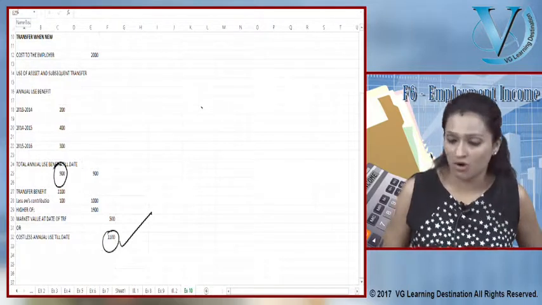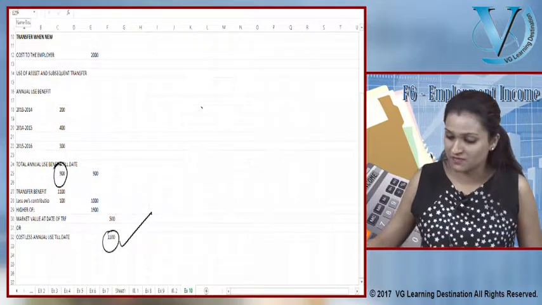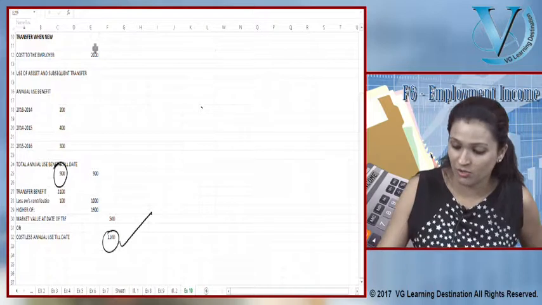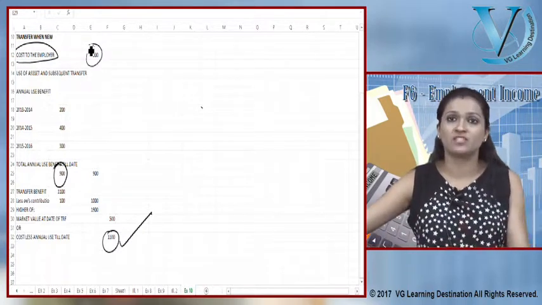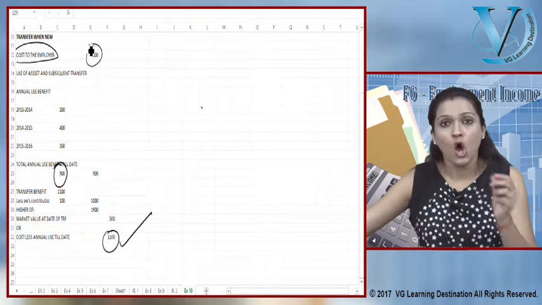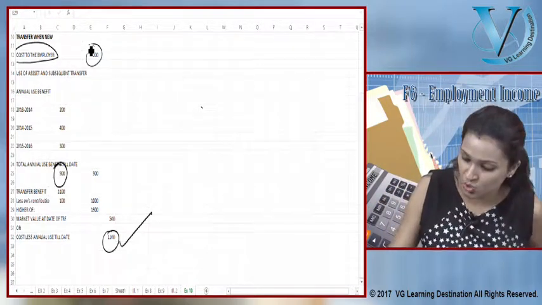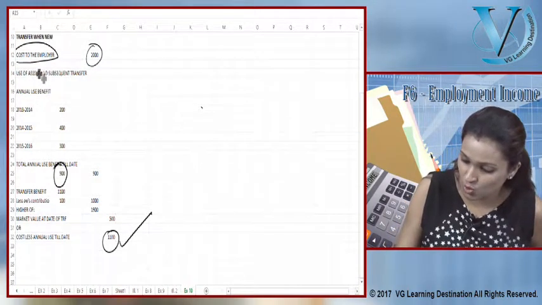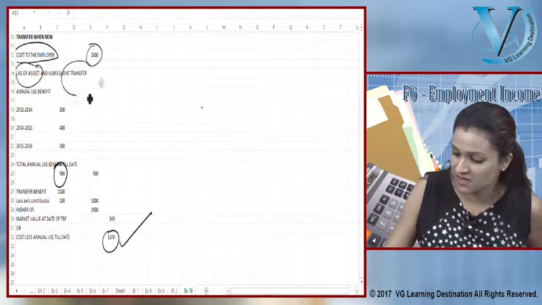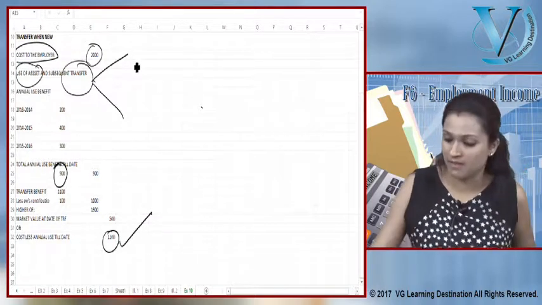So again, let me quickly go through the workings with you. What is the total cost of the asset when it is new? You're going to take the cost to the employer himself, as good as just being purchased from the market. What happens when the asset is used and then subsequently transferred? We're going to get two taxable amounts.